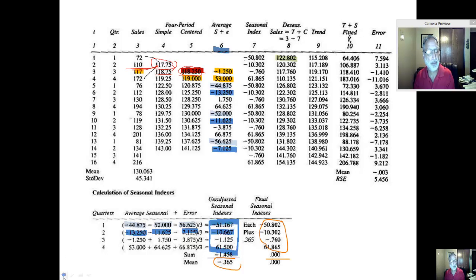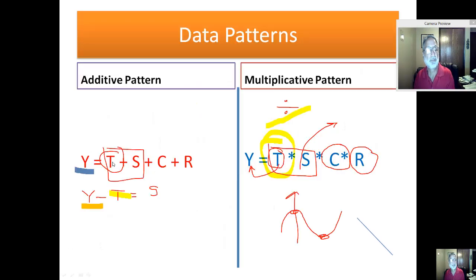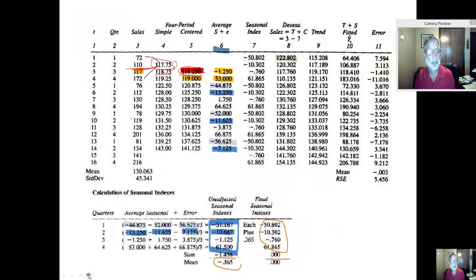So if you will remember, if I take the seasonal part out, which was that minus 50 roughly, and I subtract it from this, it should give me the trend, right? It should give me the trend. So again, this trend estimate here is just simply the deseasonalized part.